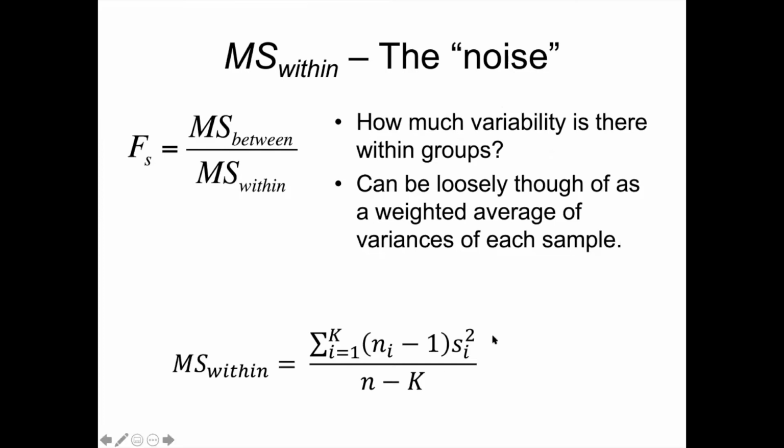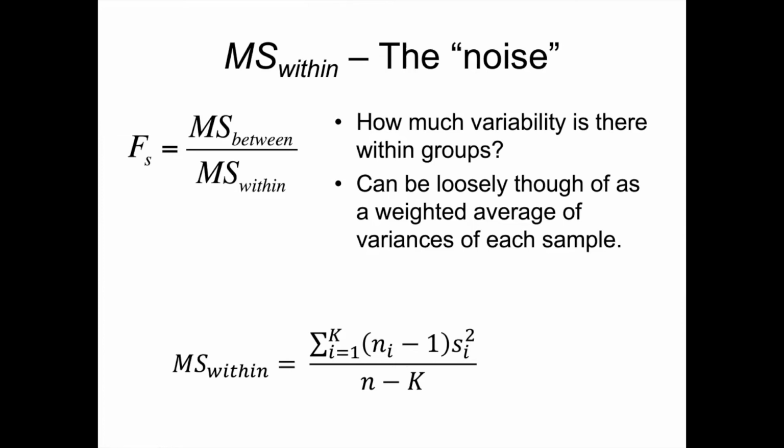Okay. So here we have the variance of sample i, and we're just weighting it again by the sample size of sample i. So samples that have a larger sample size are going to weight more heavily into our mean square within calculation, but you can loosely think of it as roughly a weighted average of sample variances.